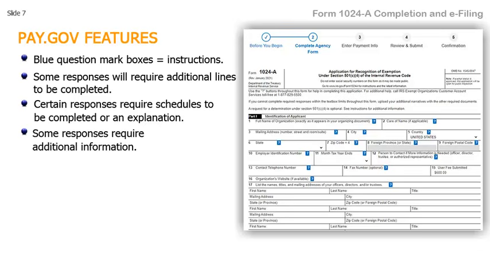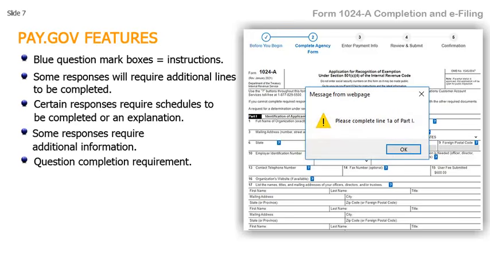These limits and rules vary from question to question. Another feature in Pay.gov is a question completion requirement. Because we want you to submit a complete application, Pay.gov won't permit you to move to the next page of the form until you've completed all of the questions on the current page, including entering required descriptions or explanations.